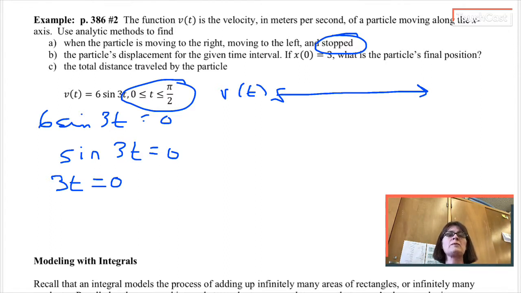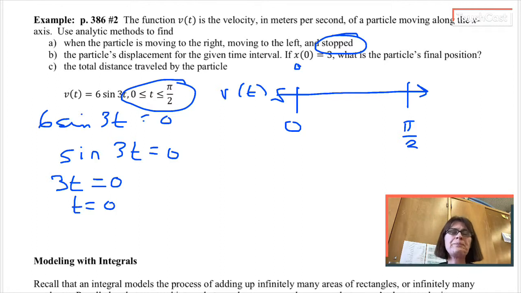So that tells me that I'm going to divide both sides by 3, and I would get t equals 0. Well, I was probably going to have to put that one on my list anyway because it's an endpoint. But now I won't try to use 0 as an input value because I know specifically the velocity at time 0 is 0. So let's put our pi over 2 in over here.